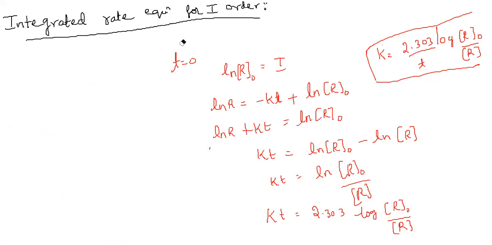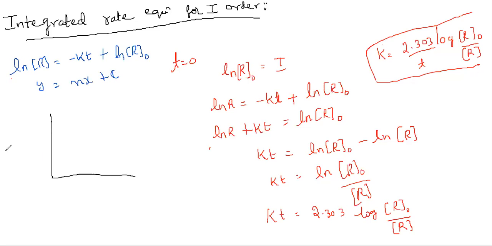So here, if we take this equation, ln of r equal to minus kt plus ln r naught, and compare it with y is equal to mx plus c, our graph is going to be log of r and time t.